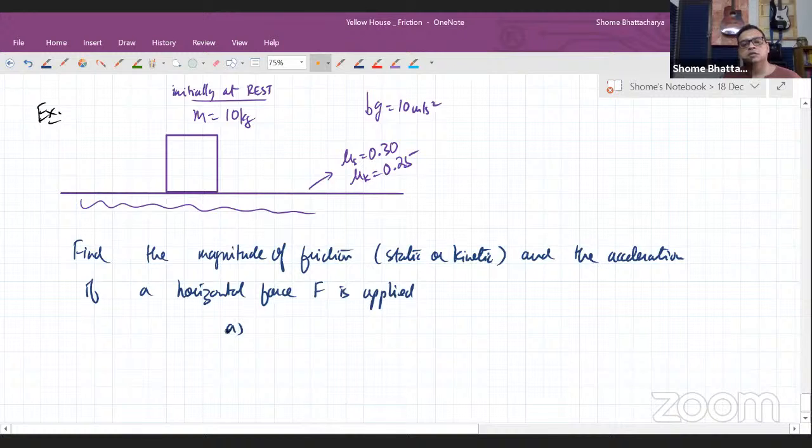In a situation where F is equal to, let us say, 15 newtons, F is equal to 25 newtons, F is equal to 35 newtons.